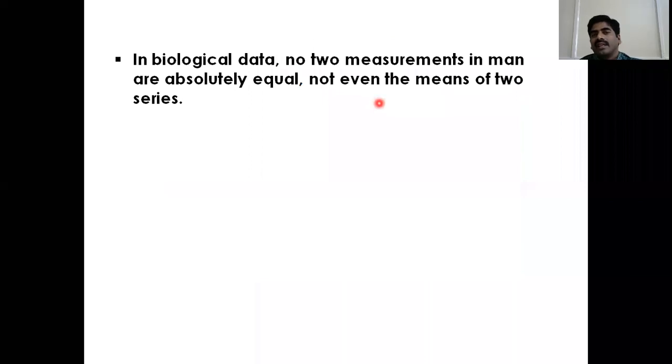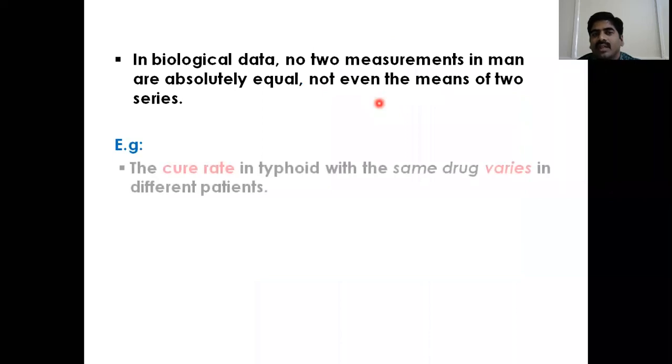In biological data, no 2 measurements in man are absolutely equal, not even the means of 2 series. For example, the cure rate in typhoid with the same drug varies in different patients.